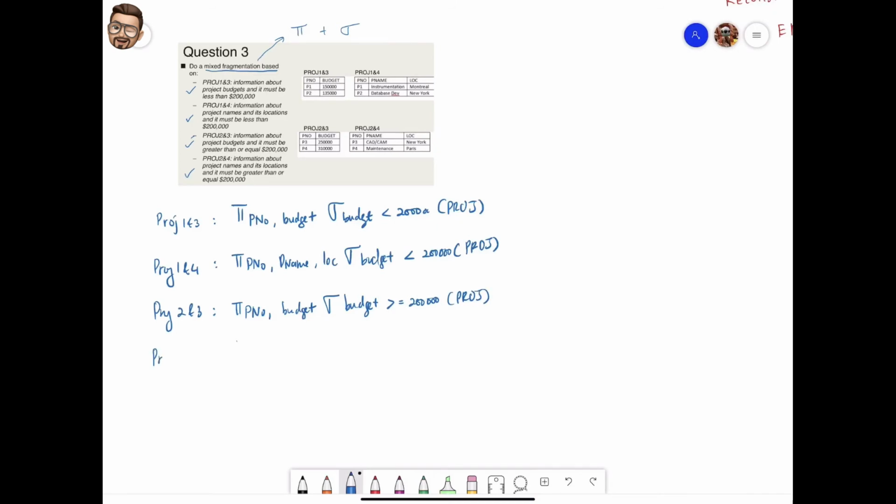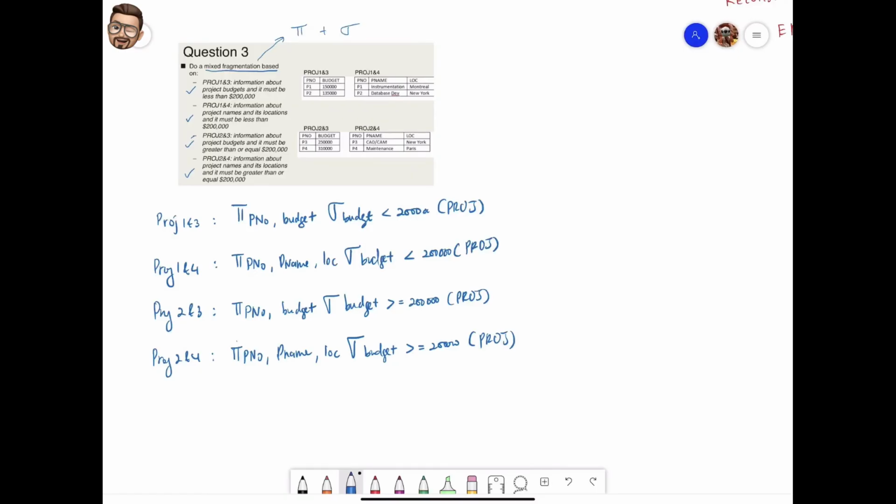Same goes with project 2 and 4, which is P number, P name, and location. What you want to select? Budget greater than or equal to 200k from relation project. Okay, so we have done all of these 4 fragments.